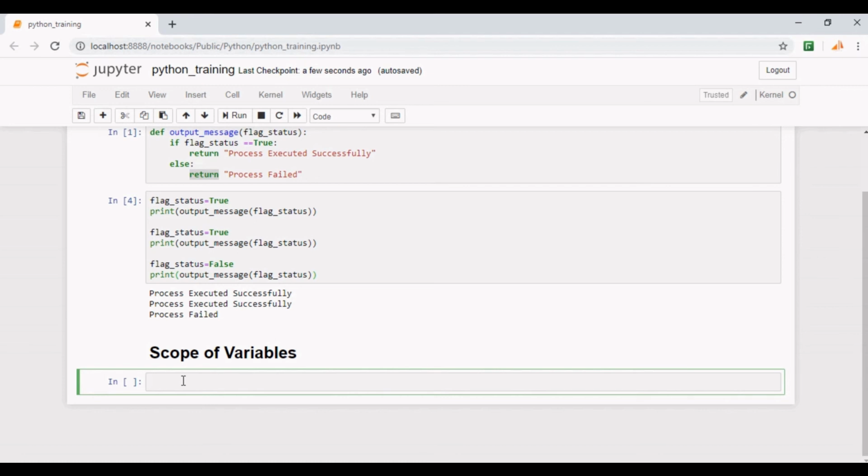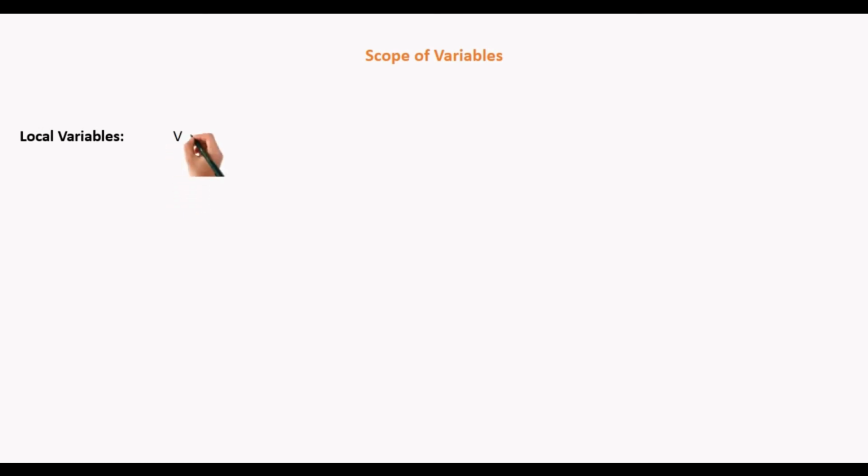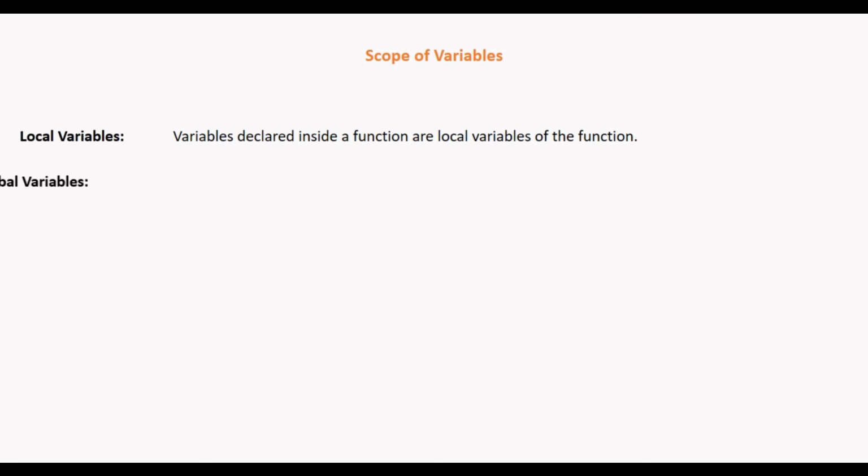A variable declared in one part of the program may not be accessible to other parts of the program. In Python, variables are defined with two types of scopes. Local variables: variables declared inside a function are called local variables to that function. Such variables cannot be accessed outside the function. Global variables: such variables can be accessed anywhere throughout a Python script. These types of variables have global scope.